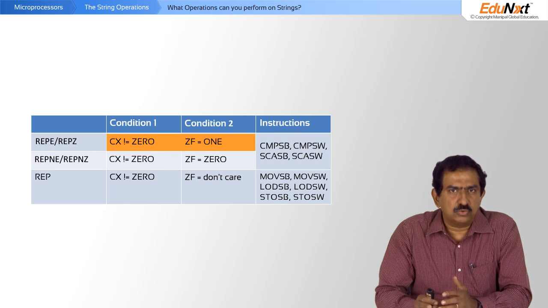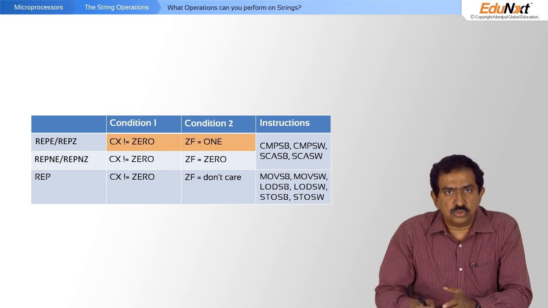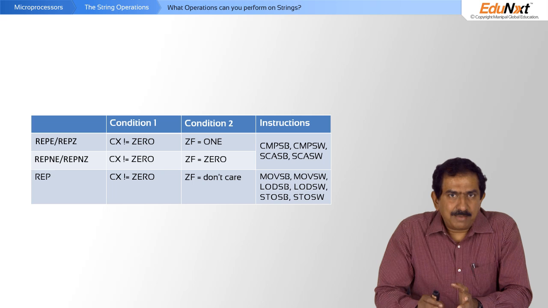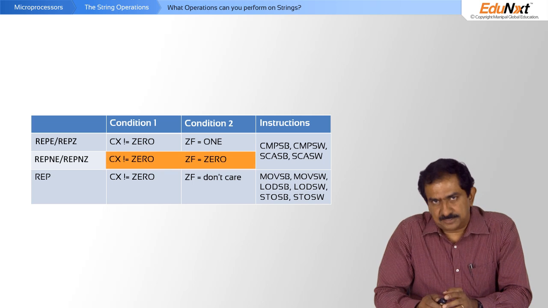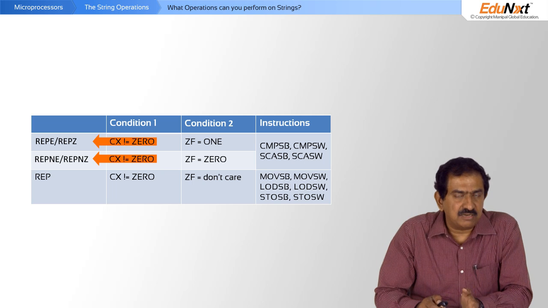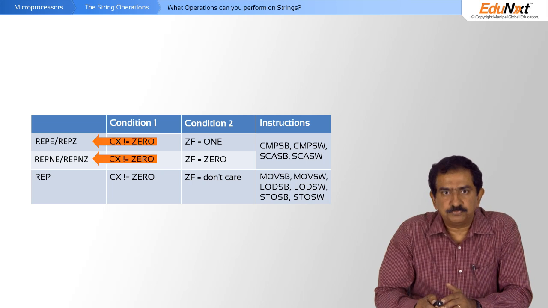So REP while equal to 0 or REP while not equal to 0, REPNE, REPNZ. And what happens is this operation continues till the zero flag is set or the zero flag is reset, depending on whether you are comparing for 0 or not 0.